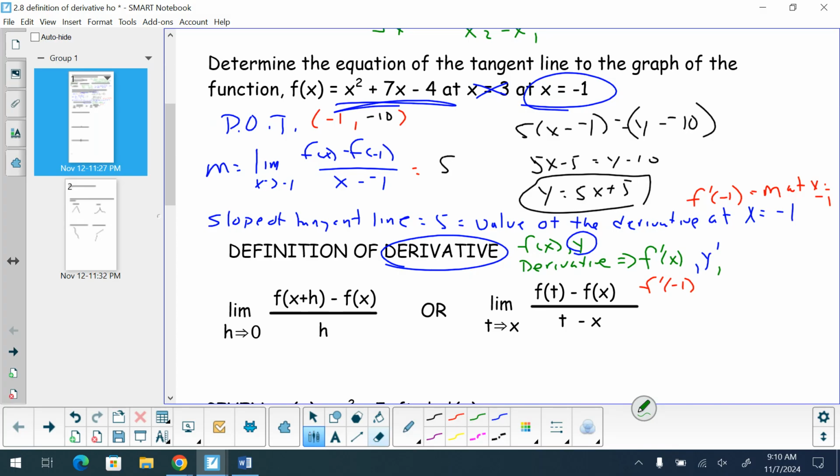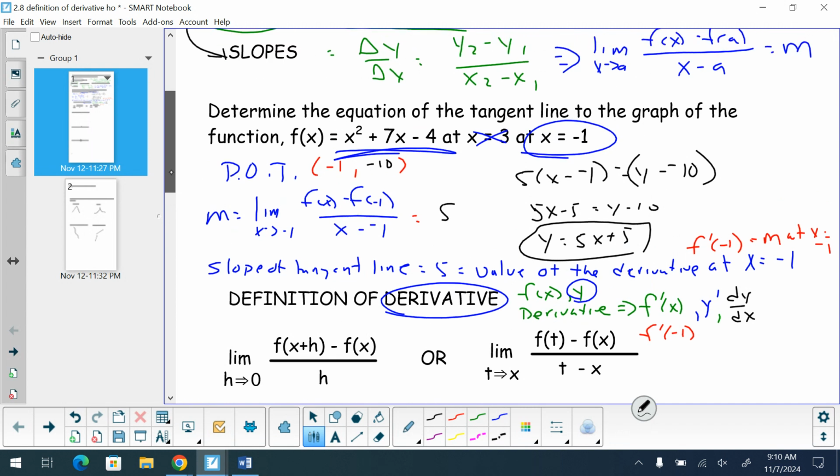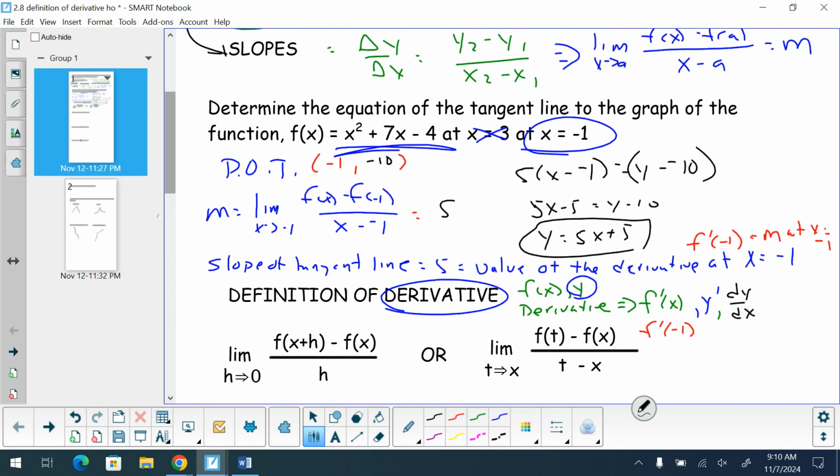Other ways you will see the idea of a derivative: dy over dx. Now, where the dy dx comes into the idea, our slope up here is delta y over delta x. That's the algebraic world of our slope.